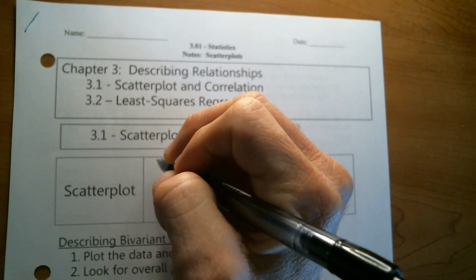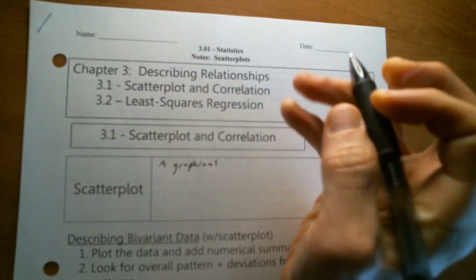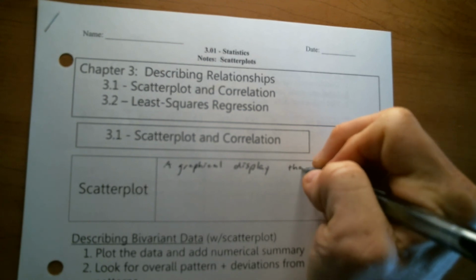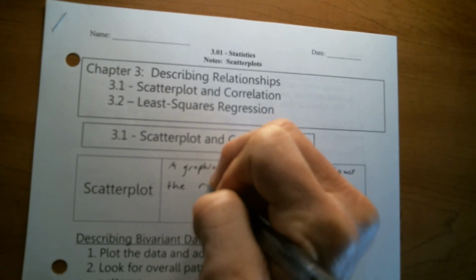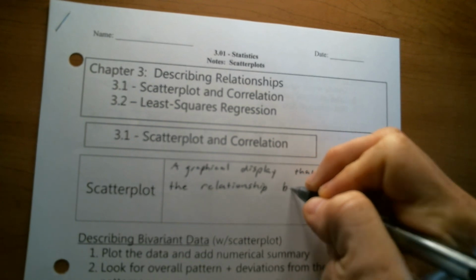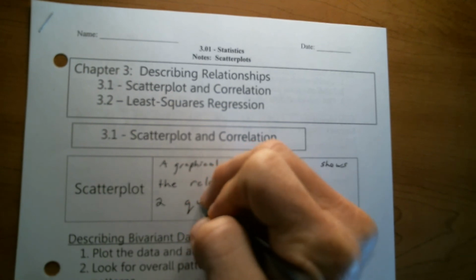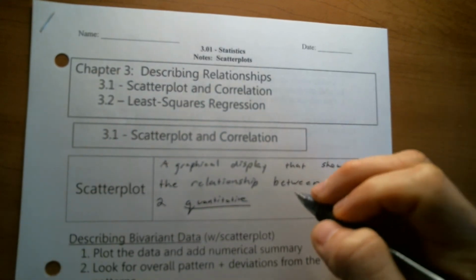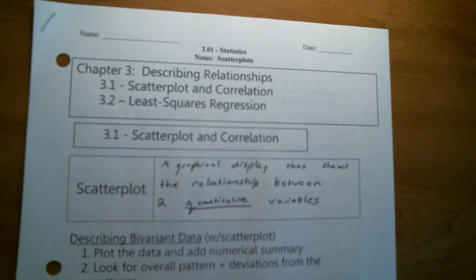So a scatter plot is a graphical display that shows the relationship between two quantitative variables.